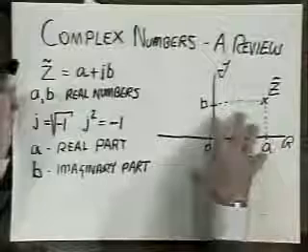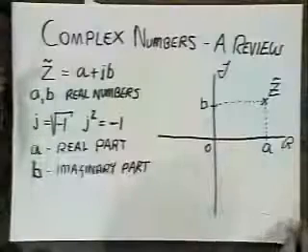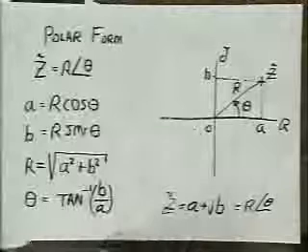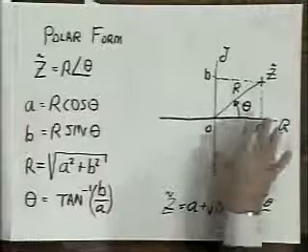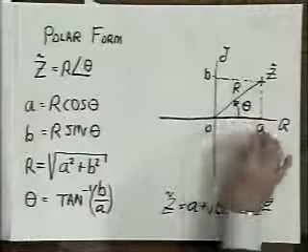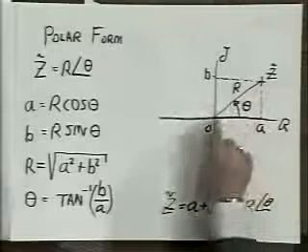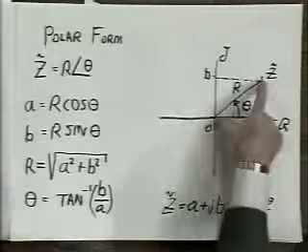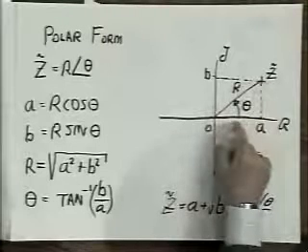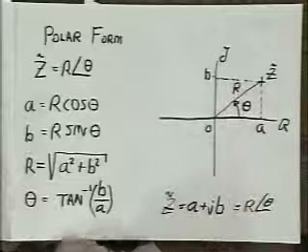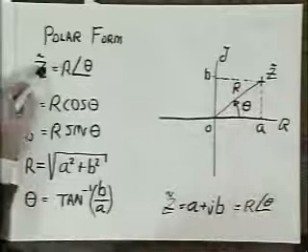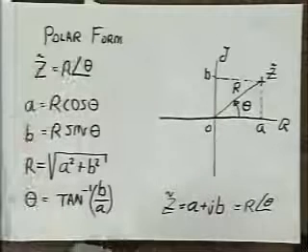It's helpful to visualize all complex numbers in the complex plane, which in rectangular coordinates takes that form, and in polar coordinates takes this form, where you represent the complex number Z, not in terms of its real and imaginary parts, but in terms of the length of the vector from the origin out to Z, and the angle that that vector makes with respect to the positive real axis. And you can write it as Z equals R at an angle of theta.